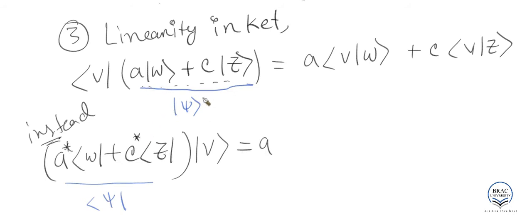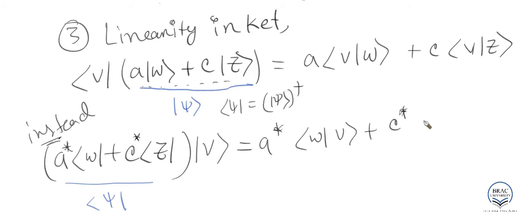Again, note that there will be some star over here because these numbers a and c are in general complex. So when you take the dual vector of this ket psi, this psi is defined by this dagger operation, so there will be the stars over here. So if I do that, we have w v c star z v.